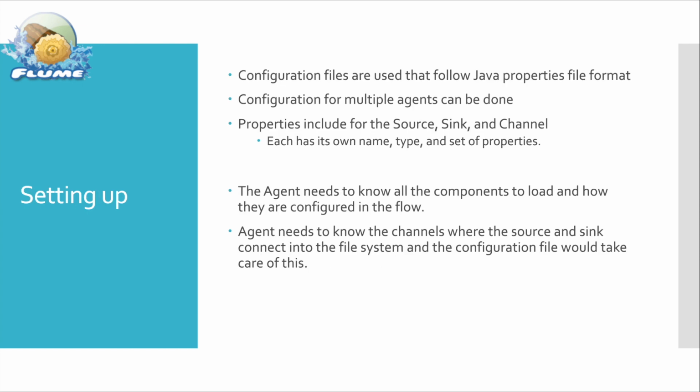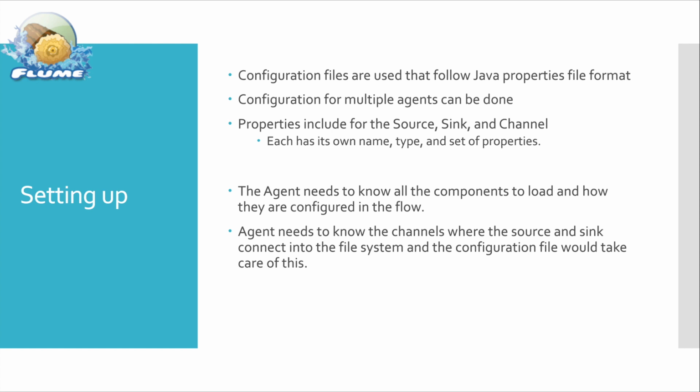So the way that this works in order to use Flume is you have to have a configuration file that has certain Java properties. So you can have configuration for multiple agents. Just as the previous example, you'll need the configuration to control all those agents in different file systems.